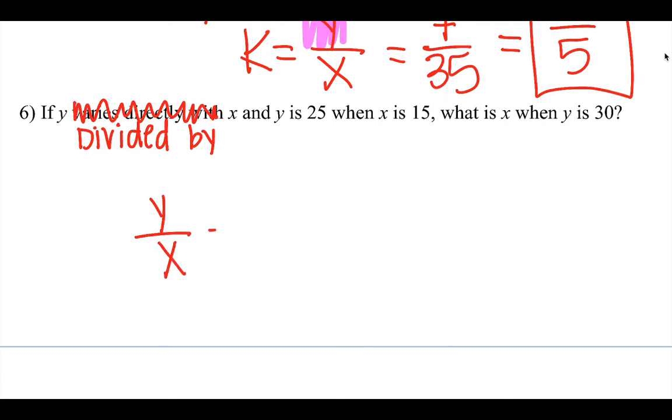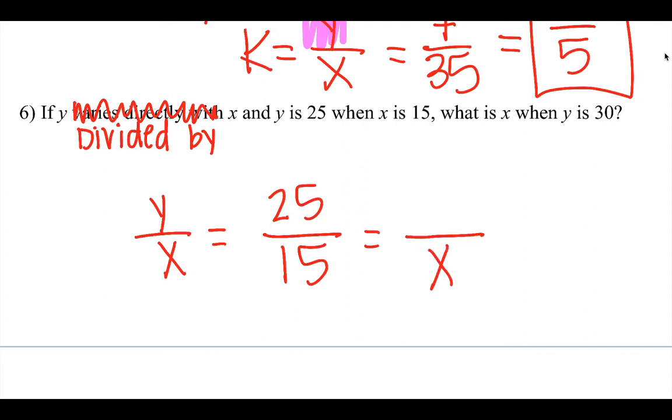And y is 25 when x is 15. What is x when y is 30? So I have my x, so I have my bottom number. I don't have my bottom number, but I have that y is 30.